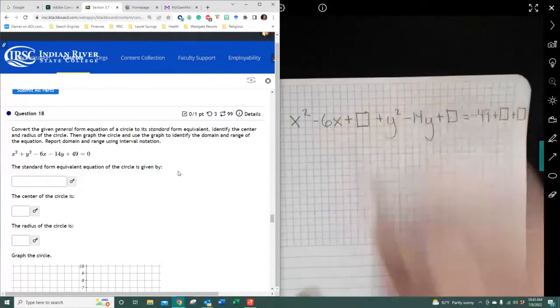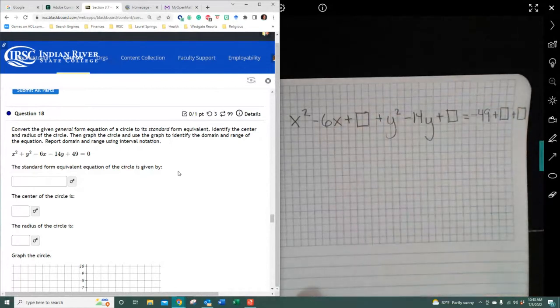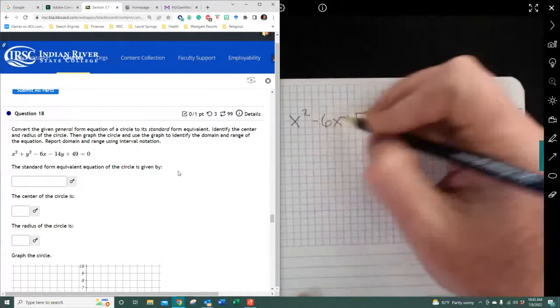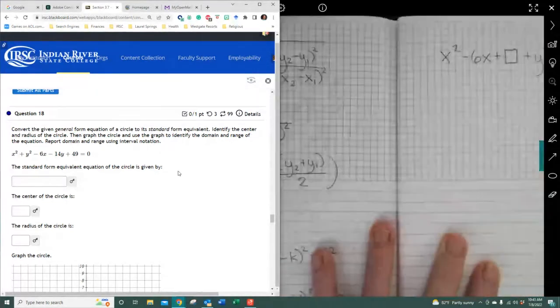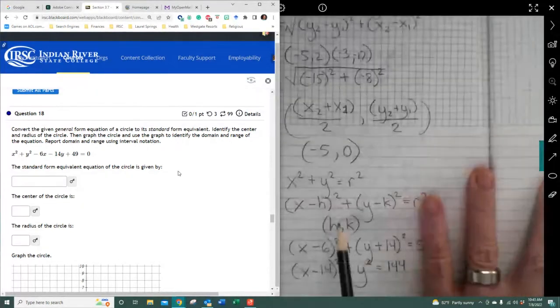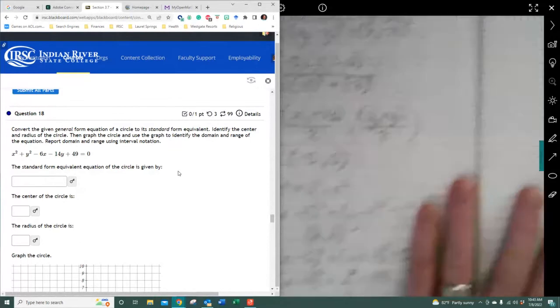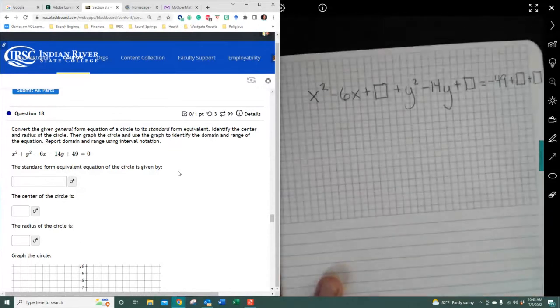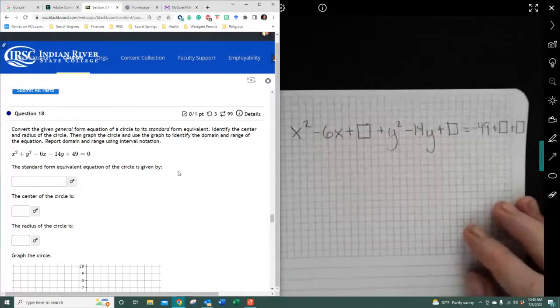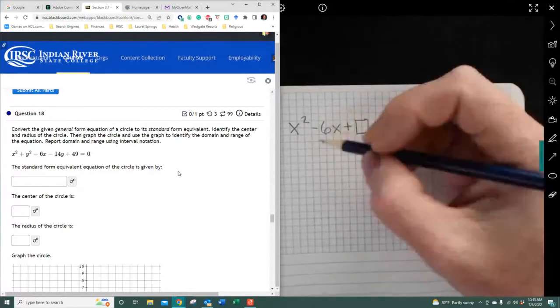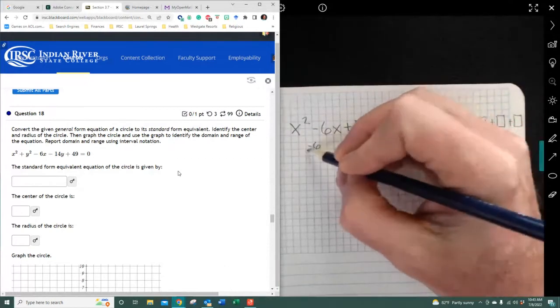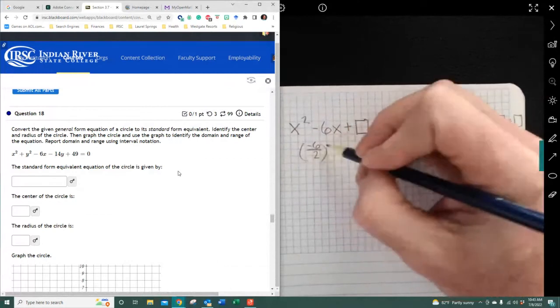Now I'm going to do the completing the square formula. I'm going to make this a perfect square, because what I'm trying to do again is make this look like this. I'm trying to get a group looking like that. So the process is about getting it to look like that. So I'm going to complete the square by taking half of 6 and squaring it.